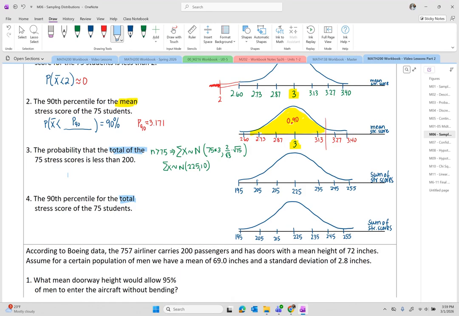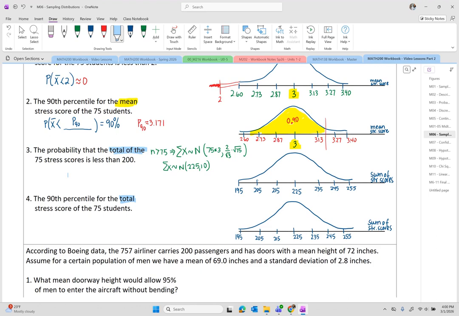Again, the sum will follow a normal distribution with mean n times the mean of the variable and standard deviation square root of n times the standard deviation of the variable. The mean is 225. This is a normal distribution, so I only need 3 tick marks to the right and 3 tick marks to the left. Every tick mark is a length of 10 units. The label for the x-axis is the sum of the stress scores in the sample of 75 students.